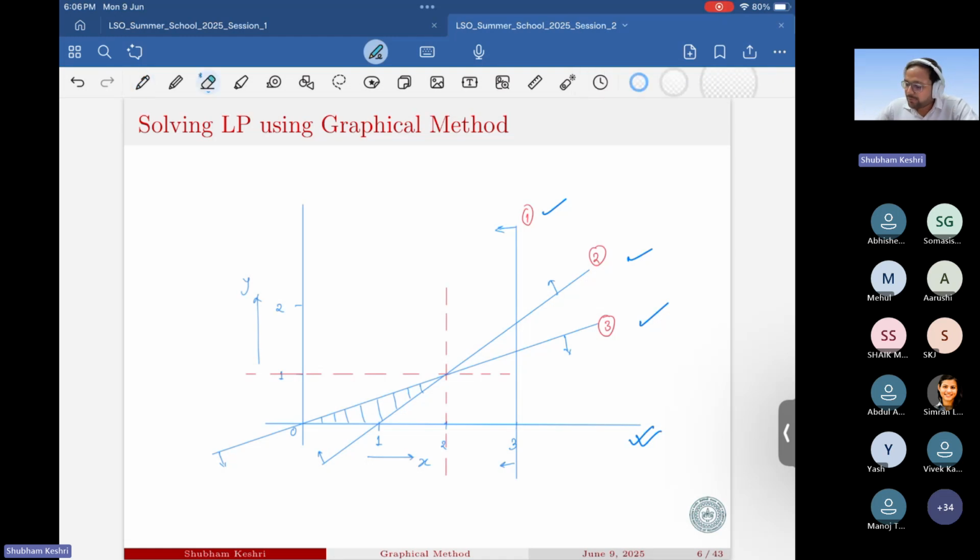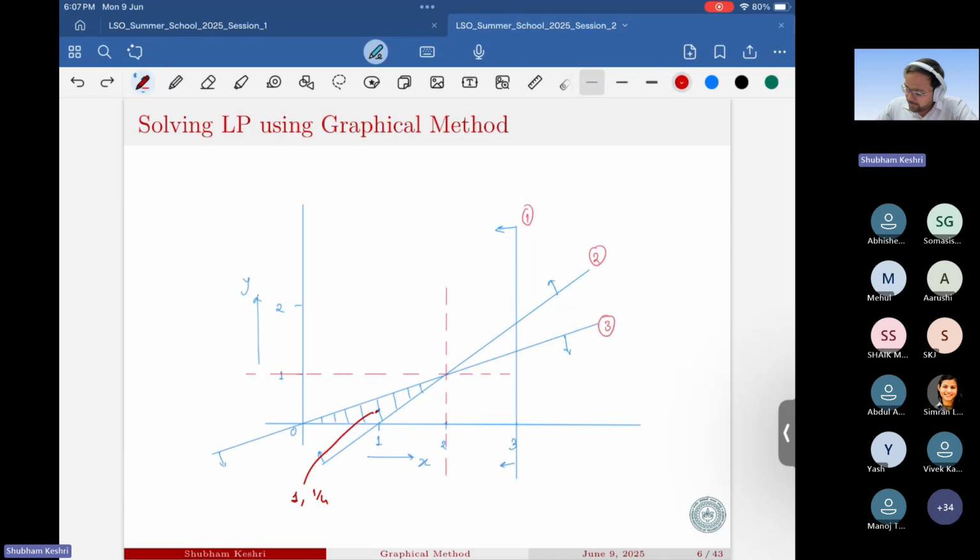Now let us see how we will draw the objective function. Take any point in the feasible region. Suppose we take the point 1, 1 by 4, and we'll plug this into the objective function.